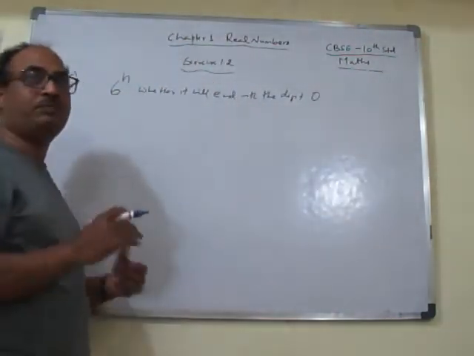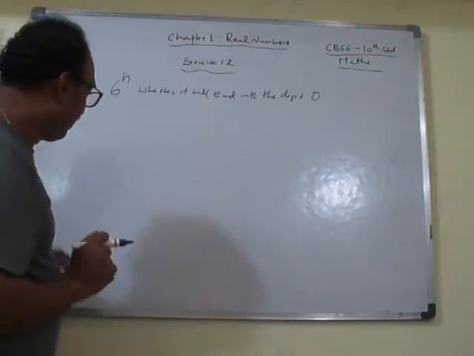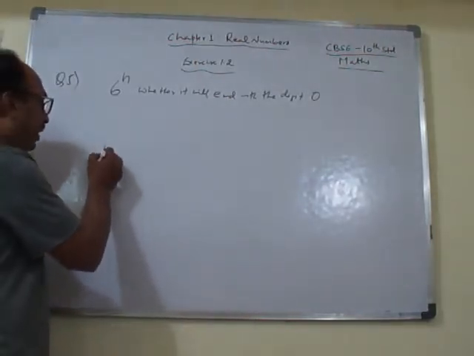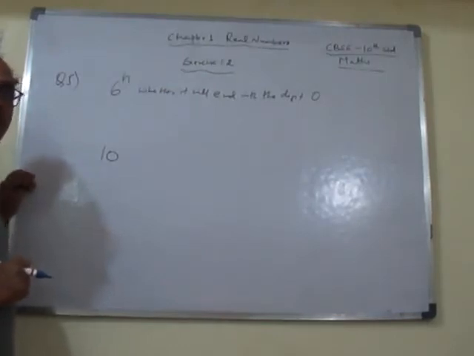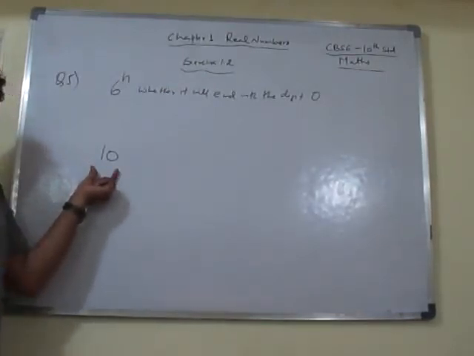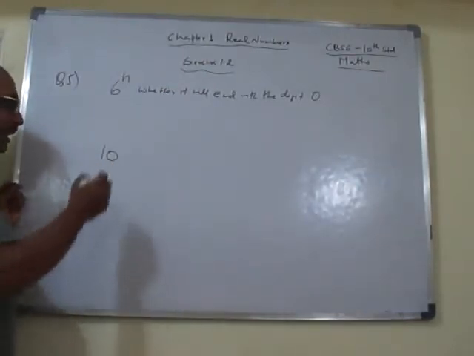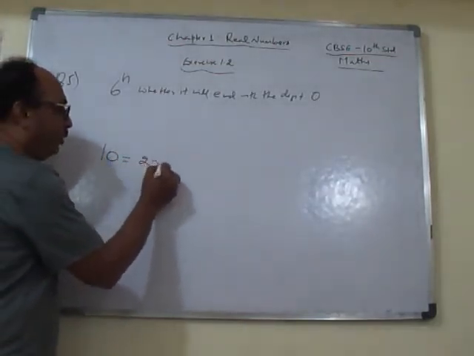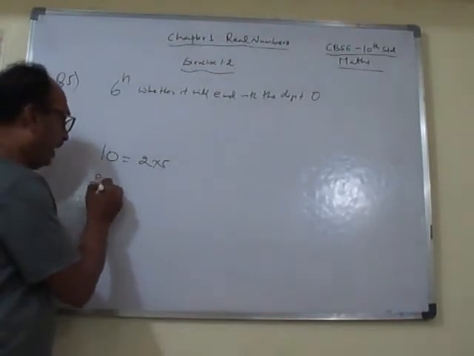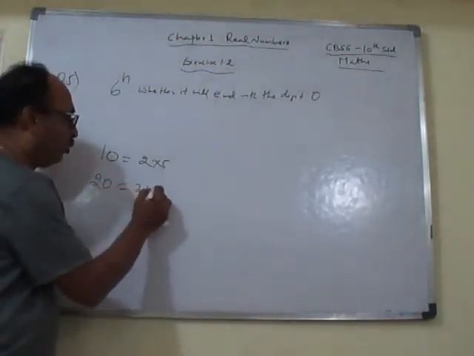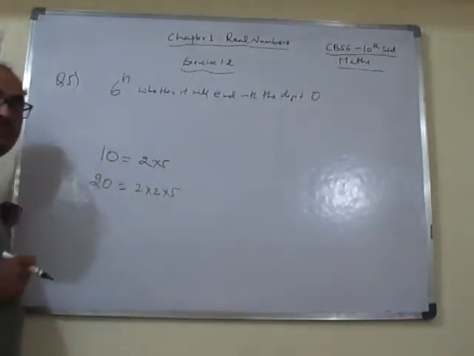So, logic. See, if anywhere in any question 0 is there, like 10, then you are having 2 into 5. If you are going for 20, then you are having 2 into 2 into 5.